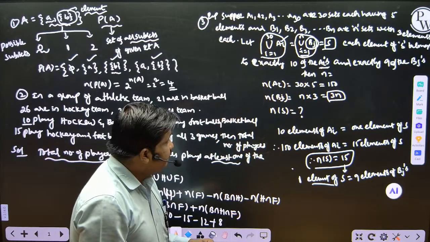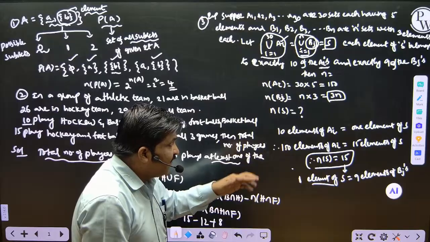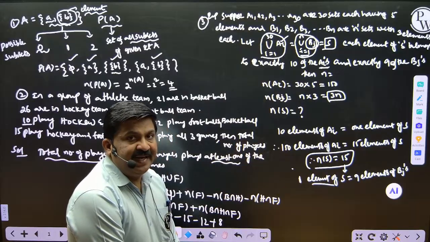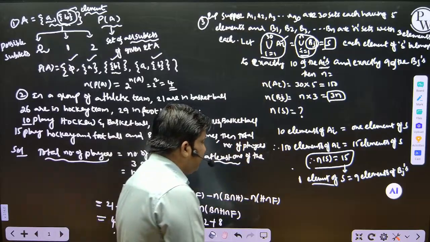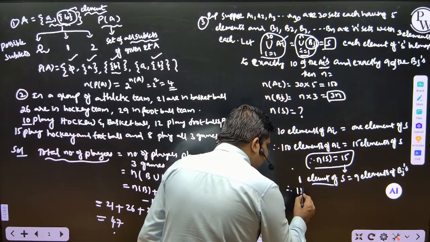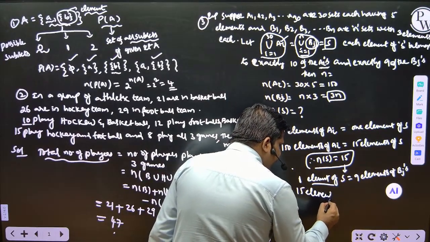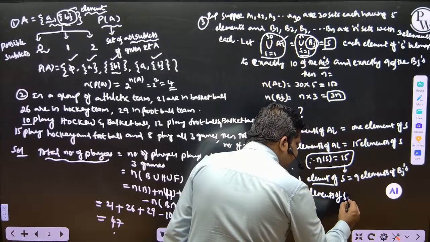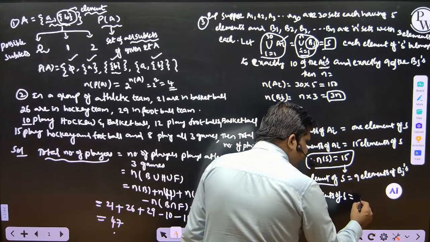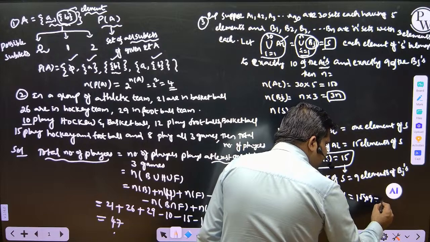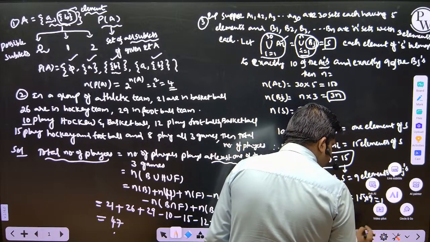That's why one element of S is equal to 9 elements of the Bj's. Therefore 15 elements of S is equal to 15 into 9, that is equal to 135.